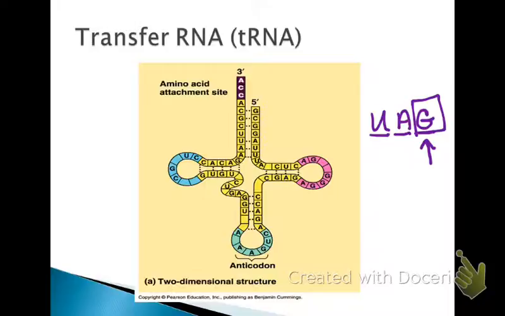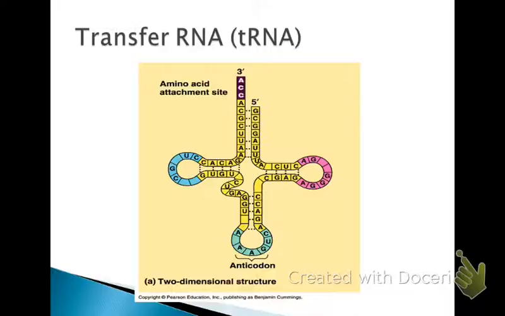It won't pair perfectly, so it's almost like forcing a puzzle piece into a place that's sort of close but not exactly right. For that reason, they call it a wobble effect. That does happen occasionally, but it's not what we would consider the typical rule. The typical rule goes by those base pairings like we've been learning about.